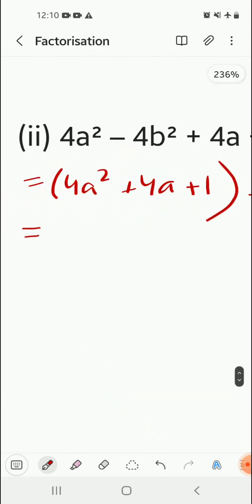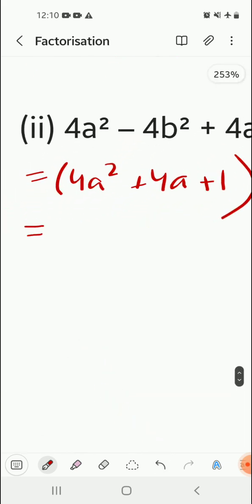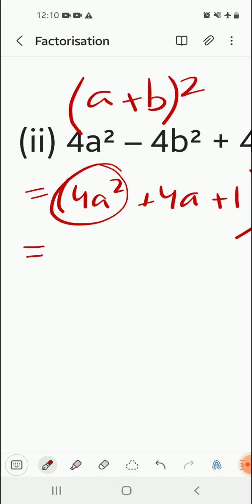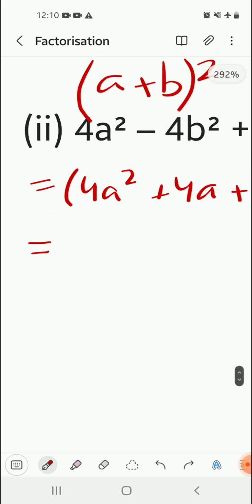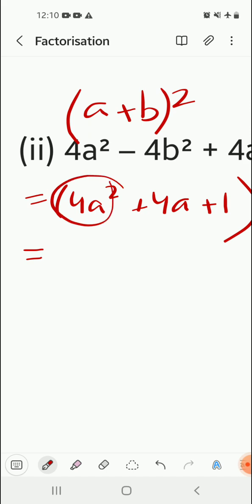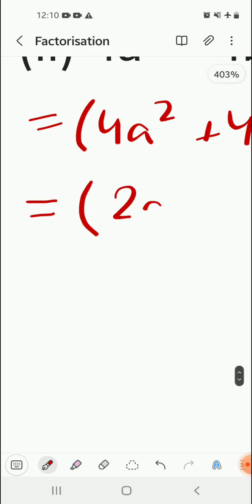Now, this actually is an a plus b whole square formula, where a square is this 4a square, plus 2ab, that is 4a, plus b square, which is 1. So over here, if a square is 4a square, then a over here is actually 2a.